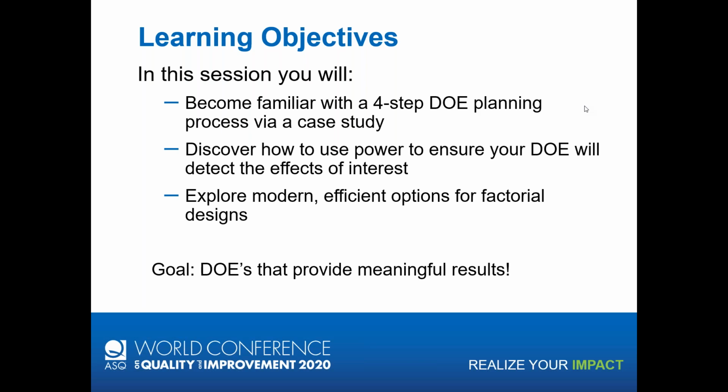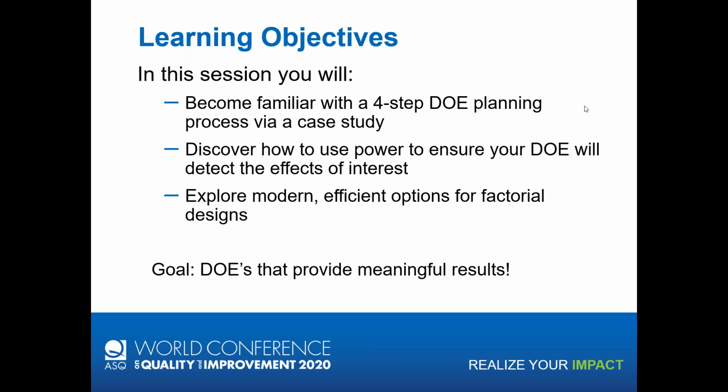One of the features will be looking at power and how to use power to make sure that your DOE will detect the effects of interest. I'll also talk briefly about some great options for factorial designs, maybe some newer ones that you're not as familiar with. And of course, our goal is to run experimentation that will provide meaningful results.